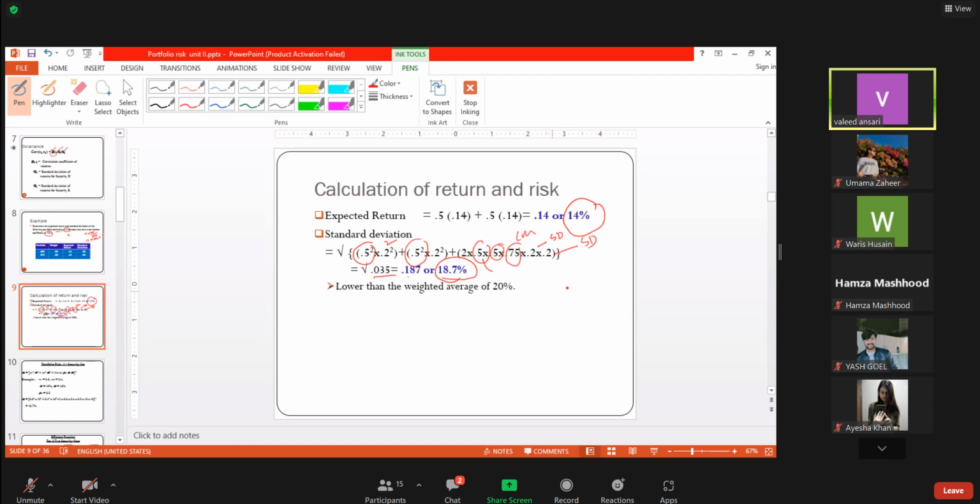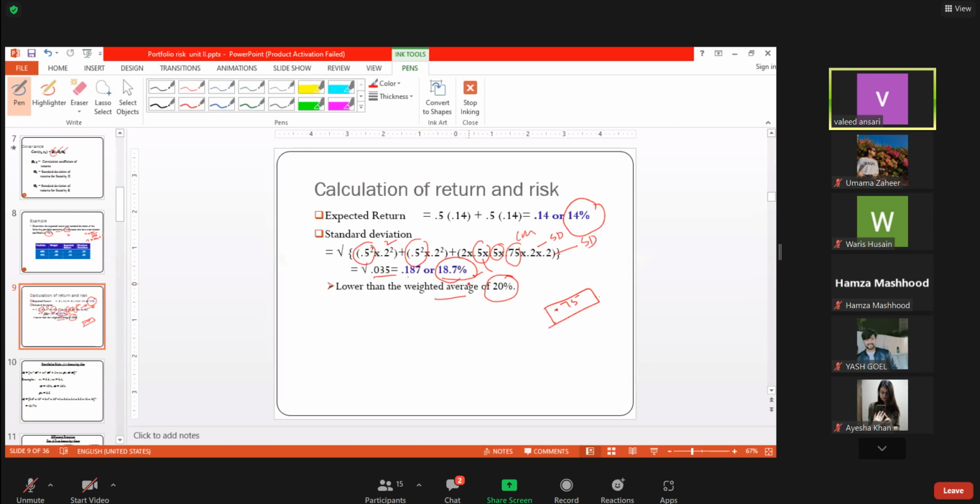Now since the correlation coefficient is 0.75, it is not 1. That means there is a positive correlation, but that is why the portfolio risk is lower than the weighted average.